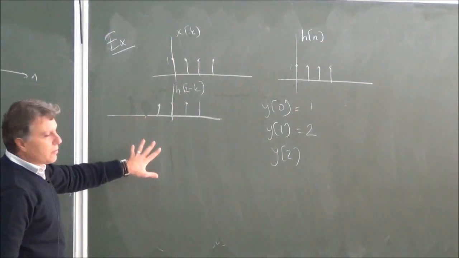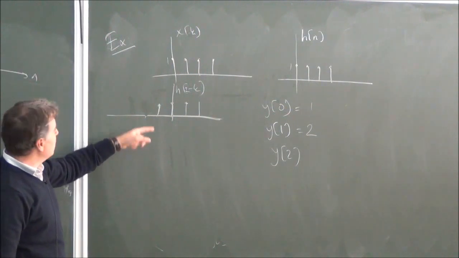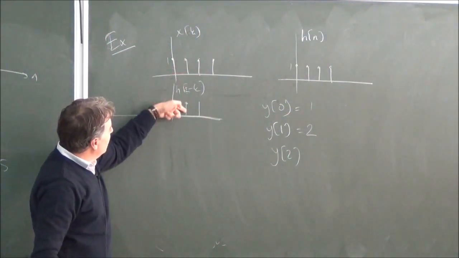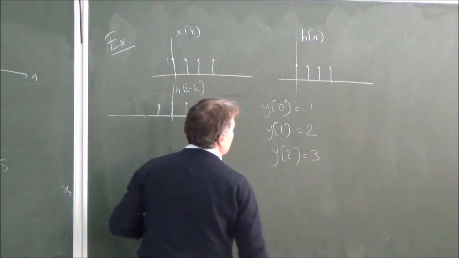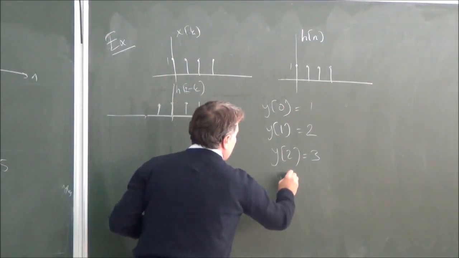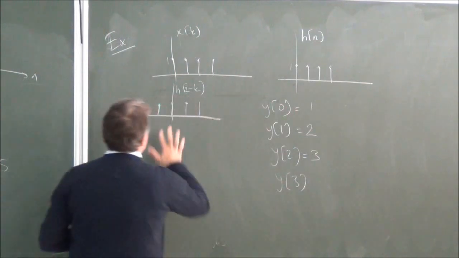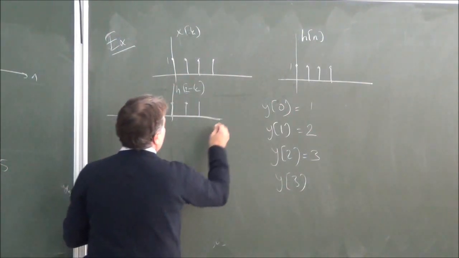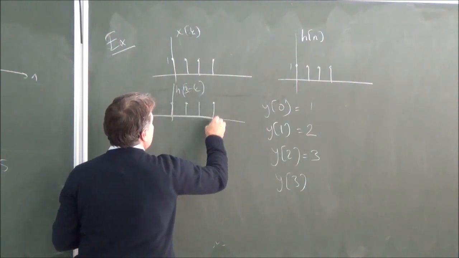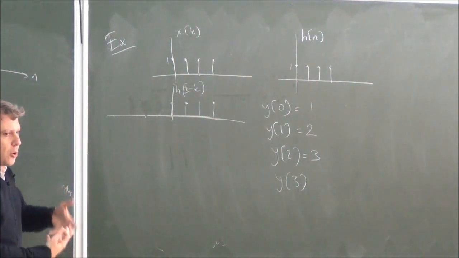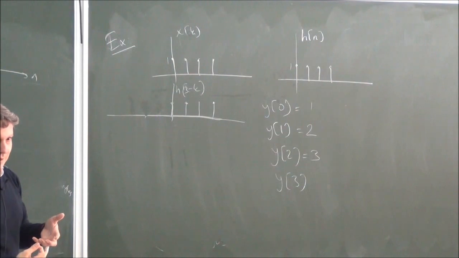Y of 2 is, how many items overlap? 3 items. Their multiplications are 1, 1, and 1. The summation is 3. H of 3 minus k is this. They completely overlap, right?